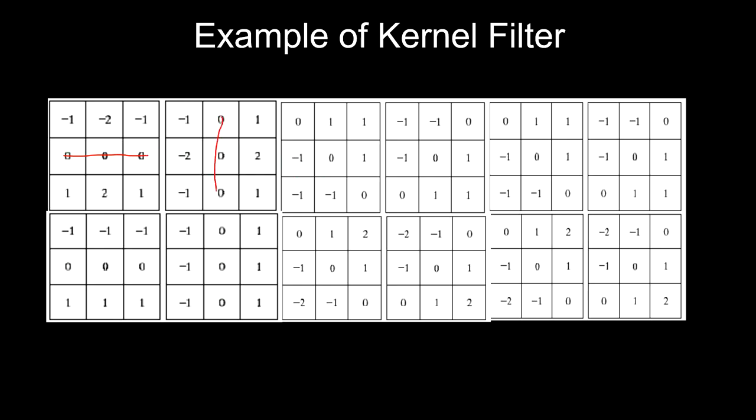So this is the vertical line, diagonal 45 degree, diagonal negative 45. The same thing for this filter, diagonal, and this will be also the same thing but with some weight. So depending on the arrangement, you can extract many types of features from the image.